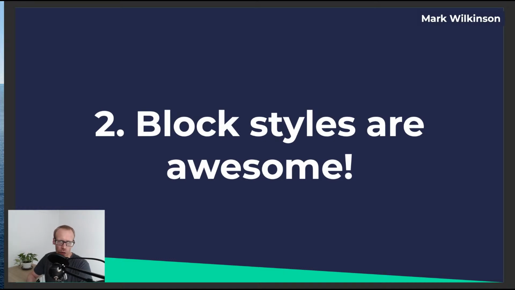One might have a background colour, one might have a heading that's larger, one might have a different button style. You get the idea. To make these changes without having to build multiple different types of blocks for those things, we can use block styles. Now, when you're editing a post and you're clicking on a block, some of the blocks have block styles.